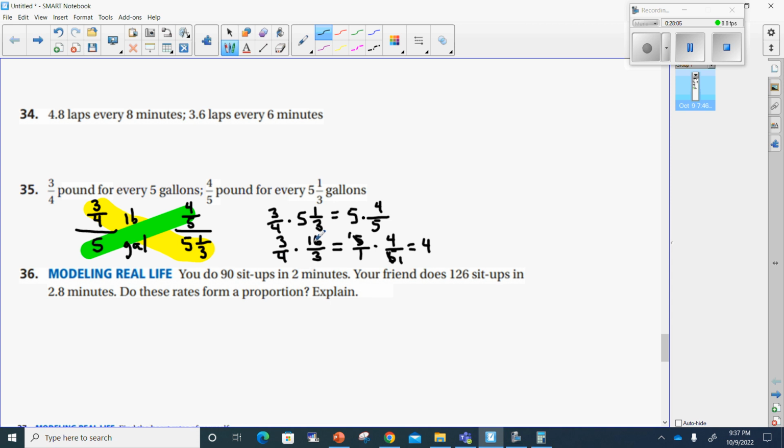I can also cross out 4 divided by 4 is 1, 6 divided by 2 is 3, and 3 divided by 3 is 1. Hey, look at that. 4 times 1 equals 4, and 1 times 1 equals 1. This is also 4. So yes, these do equal each other. Yes, these rates form a proportion.